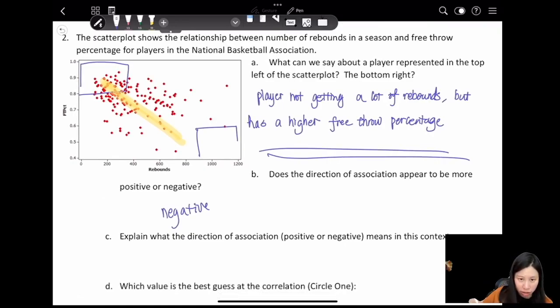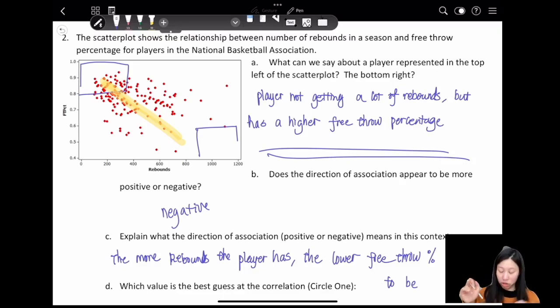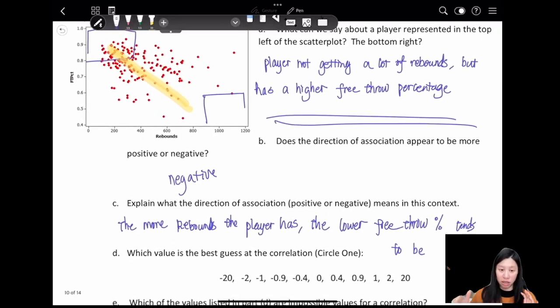The association is negative, that means when rebounds go up, the more rebounds the player has, the lower the free throw percentage tends to be. They're the opposite. When the rebounds go up, the free throw percentage goes down. That's negative correlation.